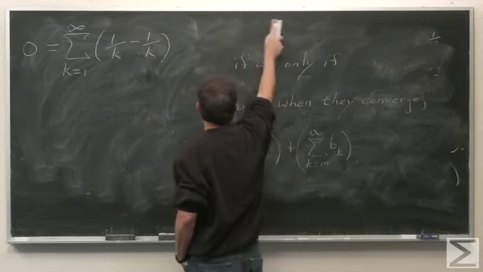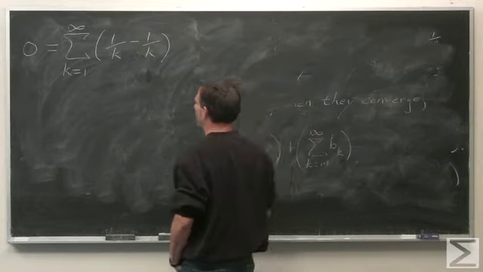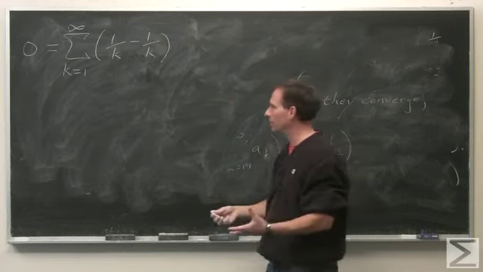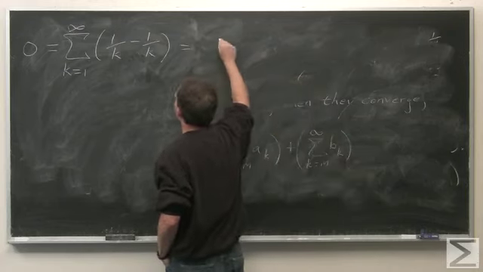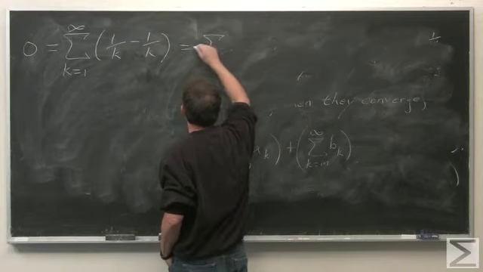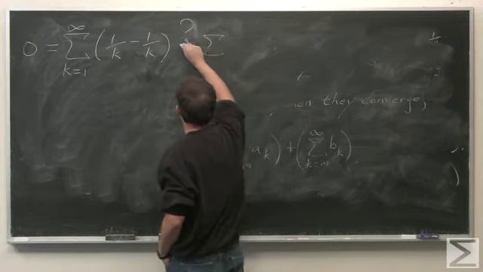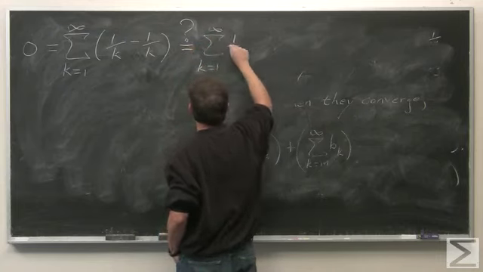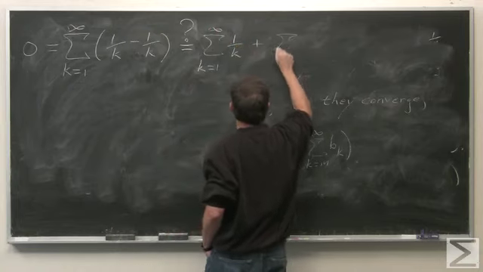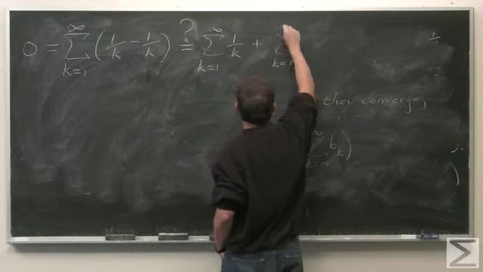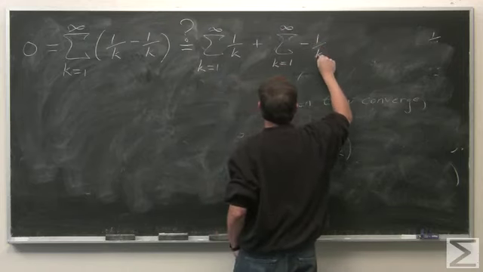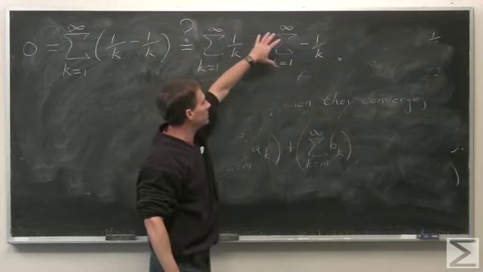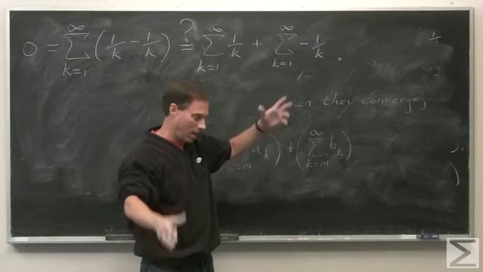This definitely converges to 0, no doubt about it. All the terms are 0. But it should make it clear that you have to be careful when you write things as a sum or difference of divergent series, because you might think this must be equal to the sum as k goes from 1 to infinity of 1 over k, plus the sum as k goes from 1 to infinity of minus 1 over k. Well, neither one of these exists. This diverges to positive infinity. This diverges to minus infinity. Aha!